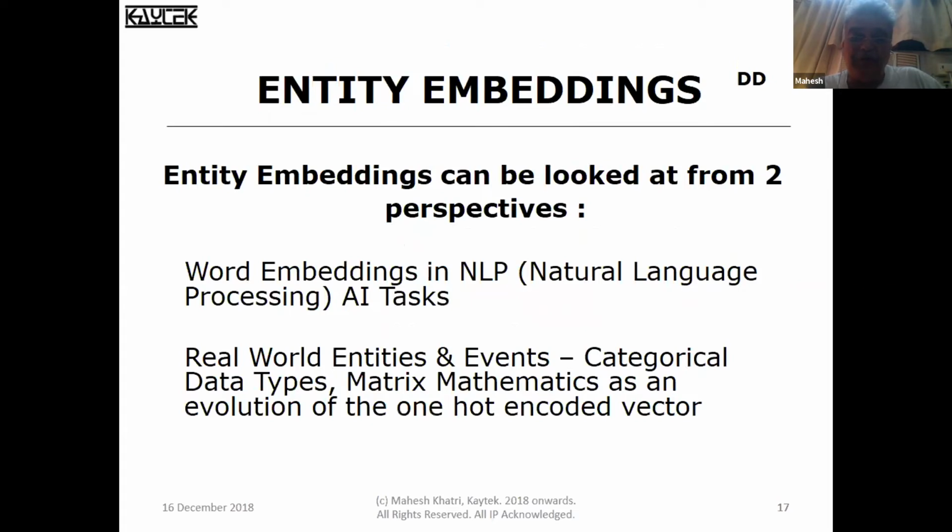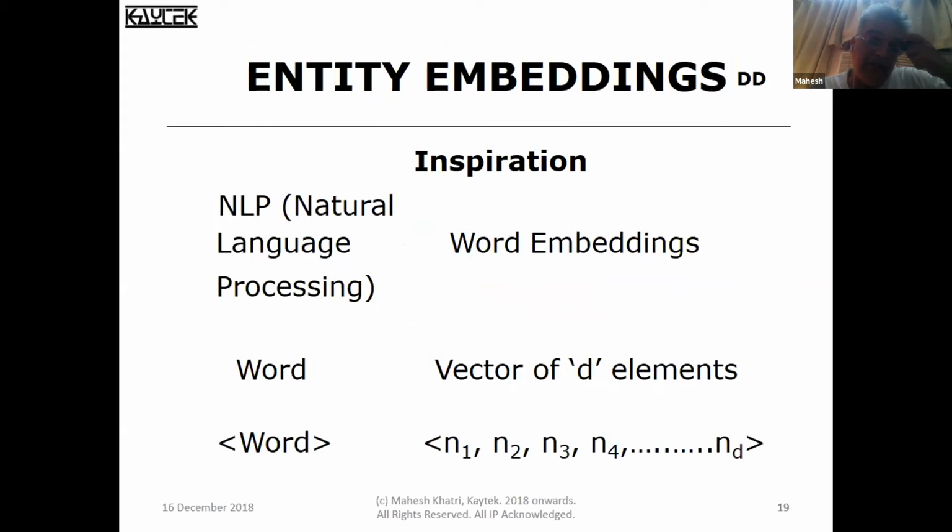So I'll start off with word embeddings, because the whole concept started from word embeddings in natural language processing. The concept is the same. A word is a vector of d elements, n1, n2, n3 to nd. These are d different elements.